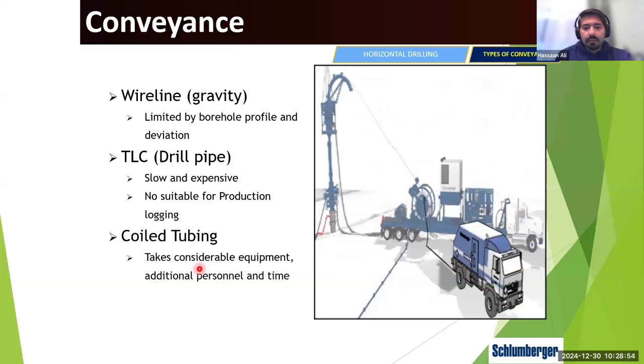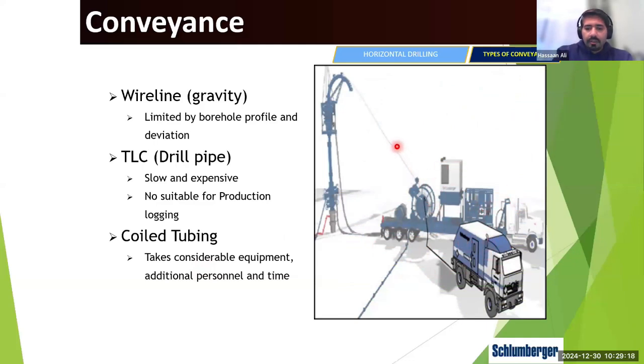The third method is what we call coil tubing. That means a tubing which is much smaller than the casing, and the production tubing itself, is pumped. And then we have a coil tubing unit right over here. And effectively, we push the tool downhole. You can see two units over here. One of them is a coil tubing unit, and the other one is the wireline unit.